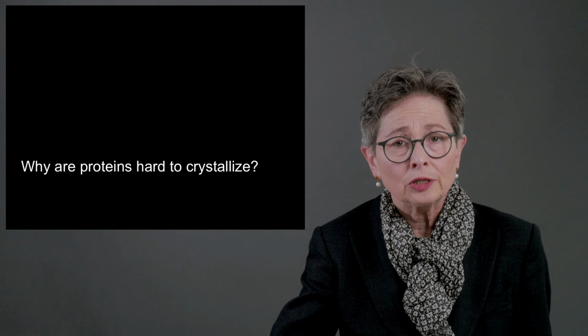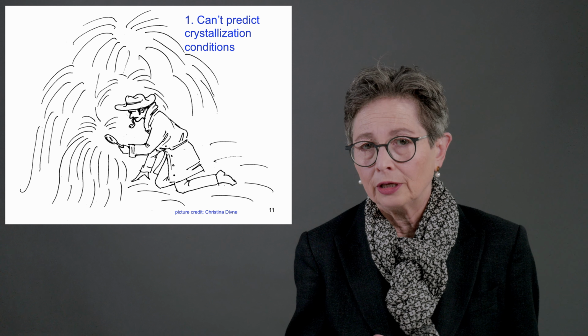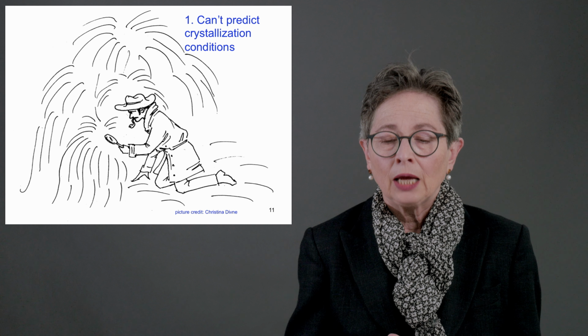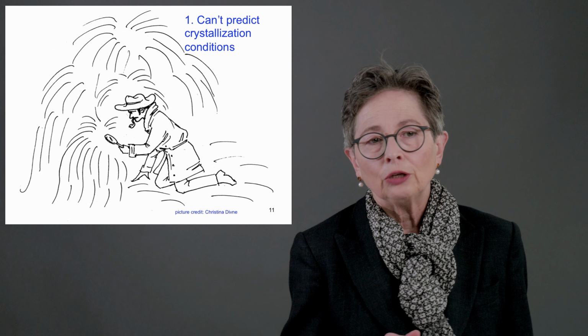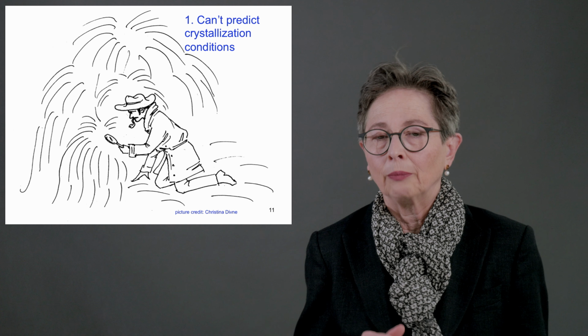All right, so I've mentioned that only about 20% of these proteins that you start with actually will produce crystals. So why are proteins so hard to crystallize? There's many reasons, but today I'm going to discuss what I think are the two major ones. It's the nature of the search problem.